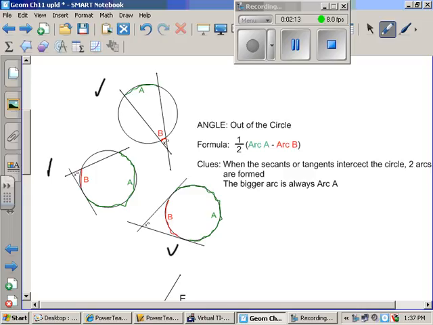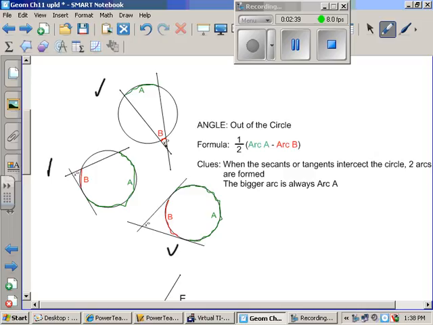They look different, but the formula is always the same. You find the two arcs that are intercepted by the angle, and it forms two because the angle is outside the circle. So you've got the bigger one, that's A, and the smaller one, B. You subtract them, and you take a half. Always make sure that arc A is the larger arc.